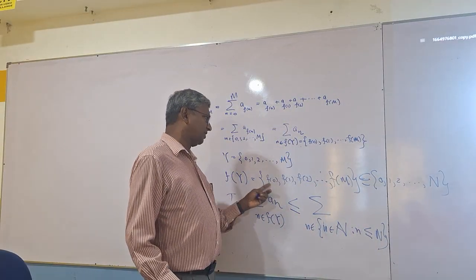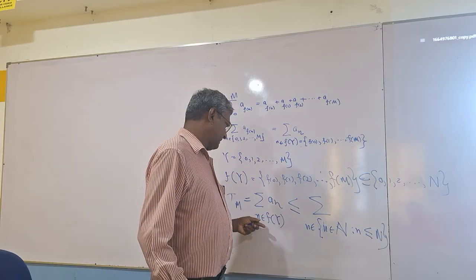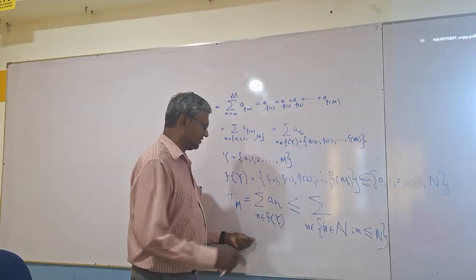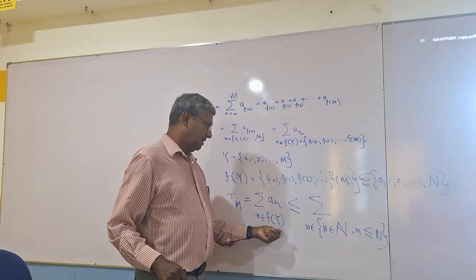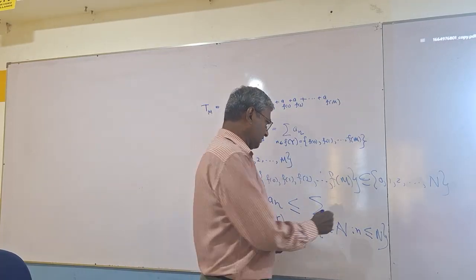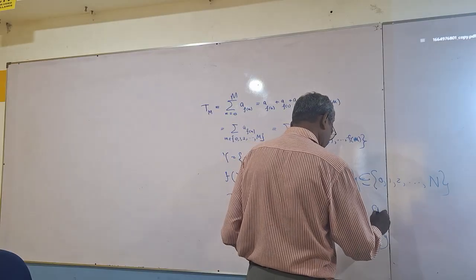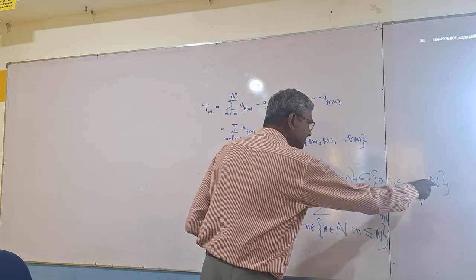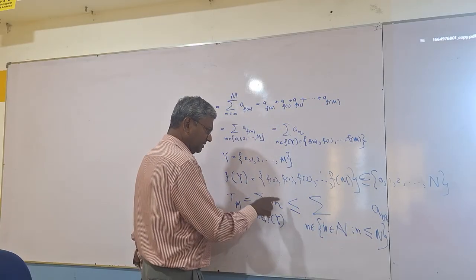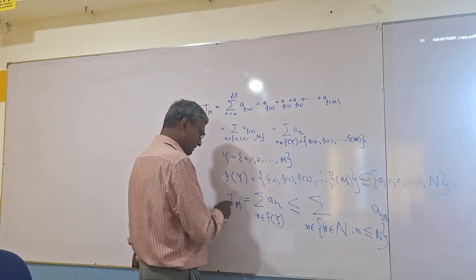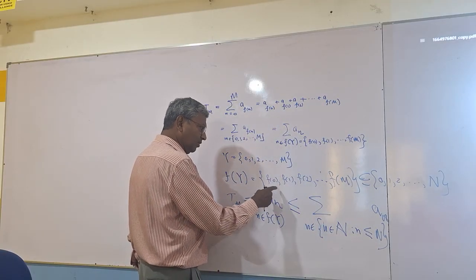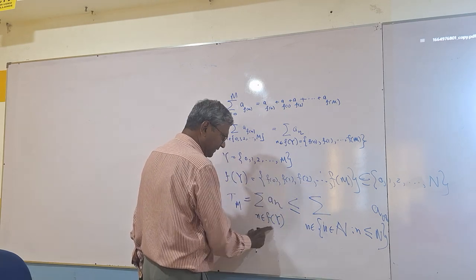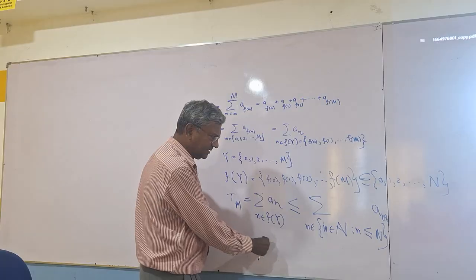Then you see, because of this thing, here you have capital M plus 1 elements in this sum. However, now, because of this condition, Tm is only adding AF0, AF1, AF2, up to AFM. That's what I have written here.